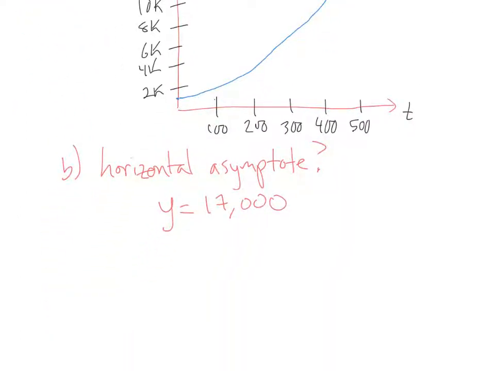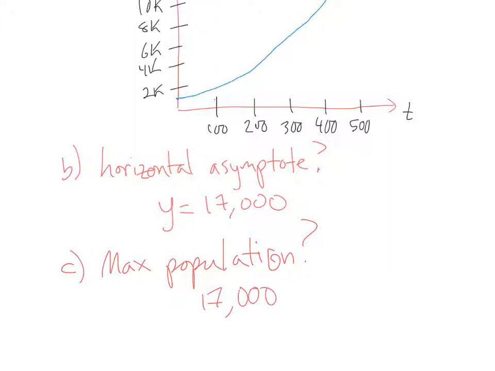So that's my horizontal asymptote, and that also happens to tell me what the max population is. It's going to cap out at 17,000 gnats.